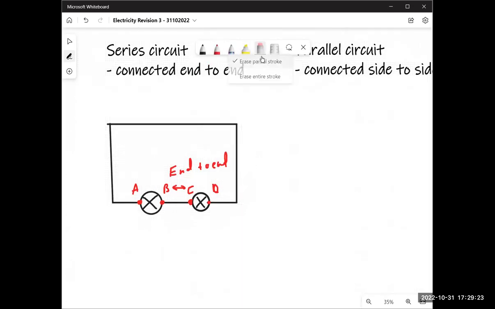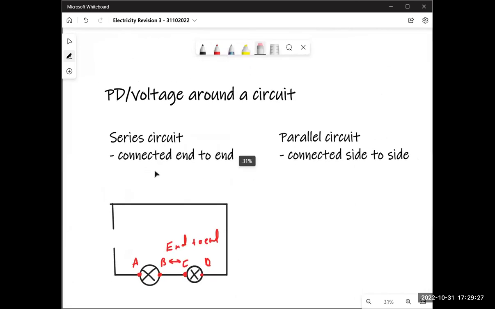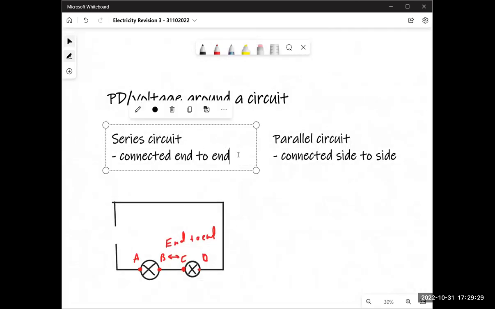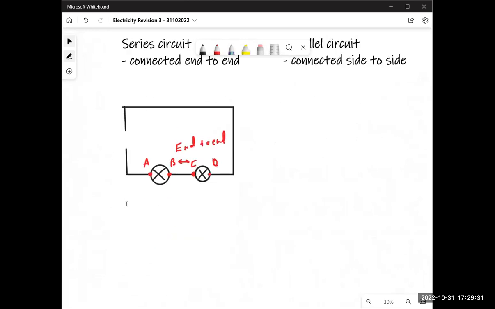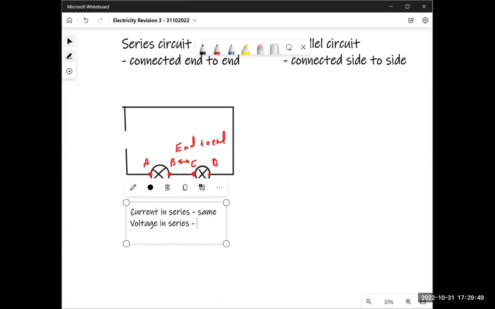So in series circuits connected end to end, please write right below it: voltage in series. Then write current in series. First write current, which is going to be the same in series, but voltage is shared.